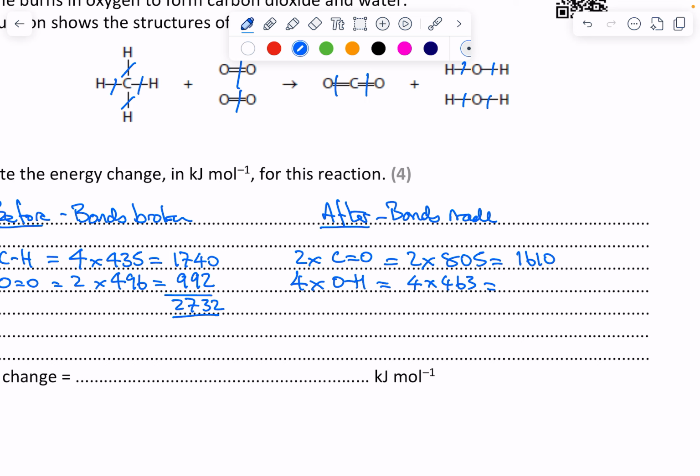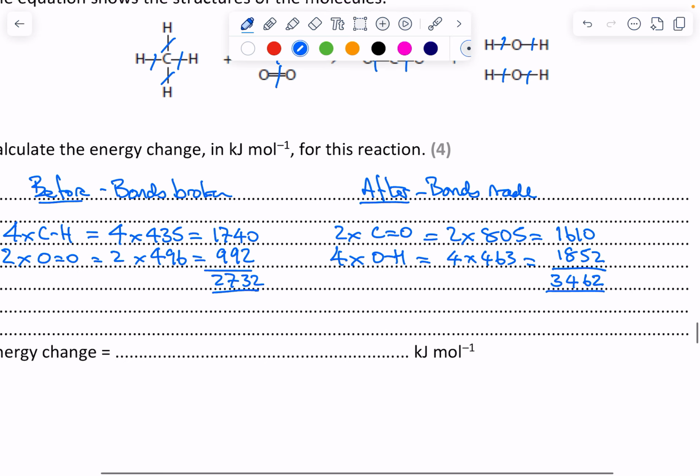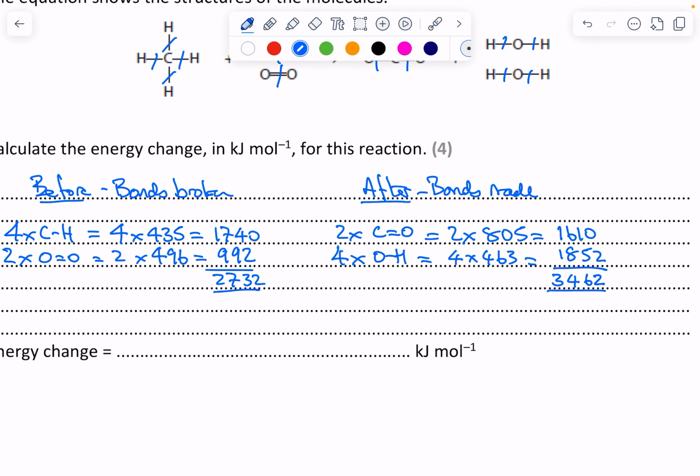And then I've got 4 lots of 463, which is 1852. Add these together, so plus 1610, and that's going to give me 3462. Okay, and then all I've got to do to work out the change is take the energy for the bonds being broken, and subtract the bonds being made.